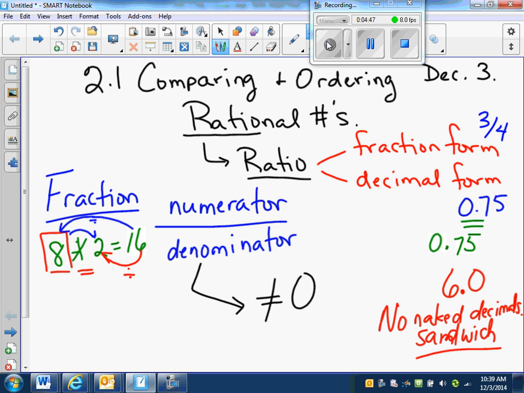If we go 8 times 0 equals 0, that's true. But to go in reverse, right? And to reverse this trend, 0 divided by 0 does not produce 8. We cannot divide something by 0.